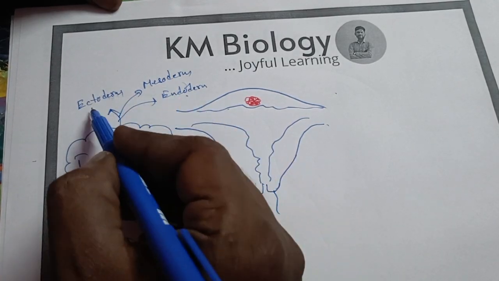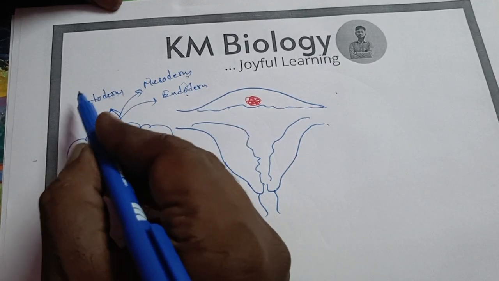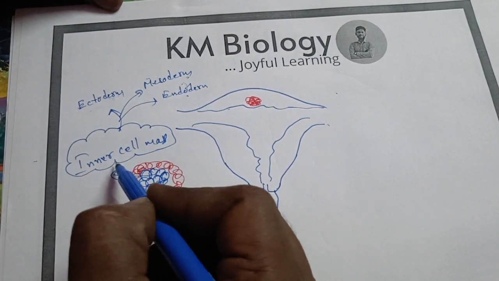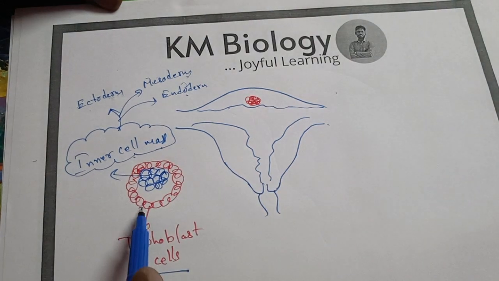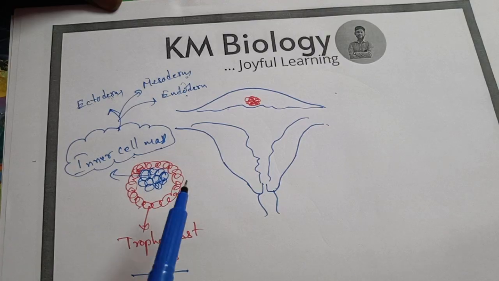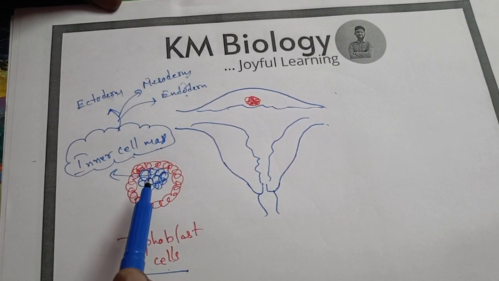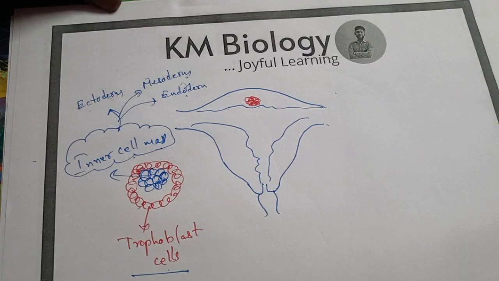What do you call this? Germ layers. So we are triploblastic animals, with 3 germ layers. All 3 germ layers are developed from the inner cell mass. There is no contribution of trophoblast cells in the formation of any organ within the body of a human being.